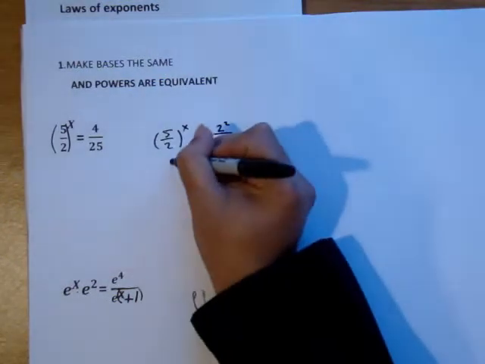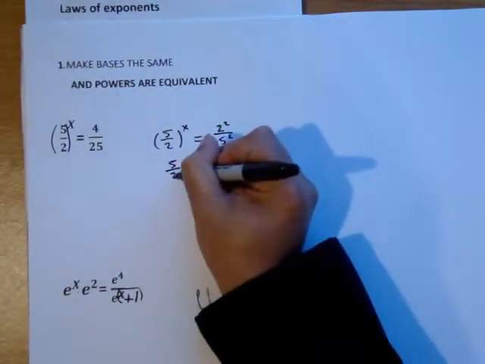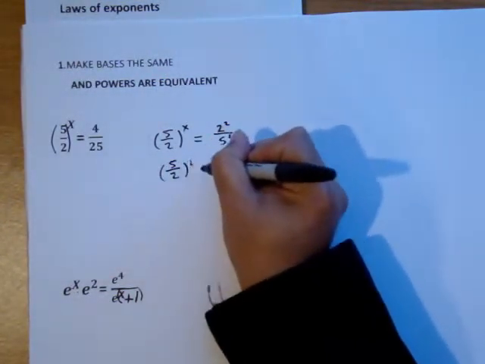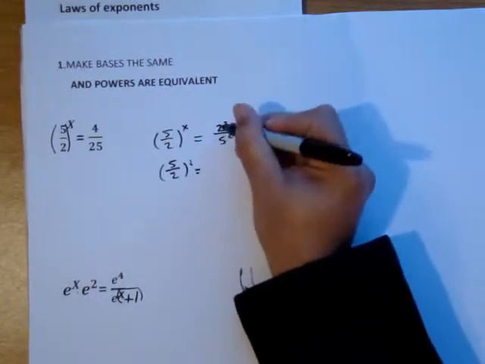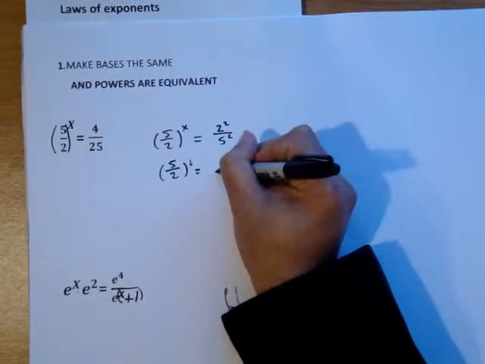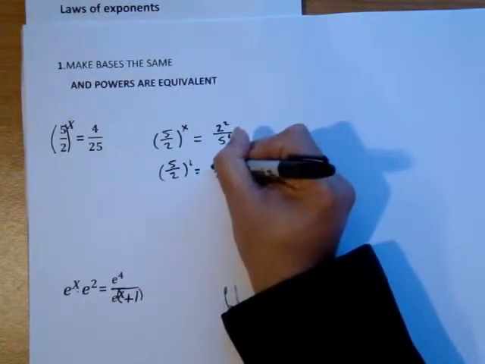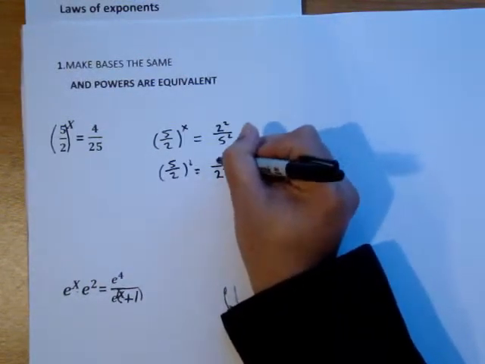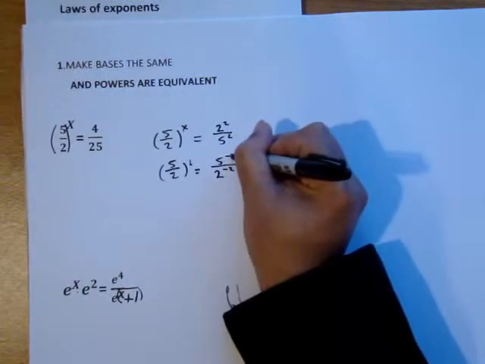5 over 2^x. We want to bring the 2 to the bottom, so that becomes 2 to the minus 2. Take the 5 to the top, that becomes 5 to the minus 2.